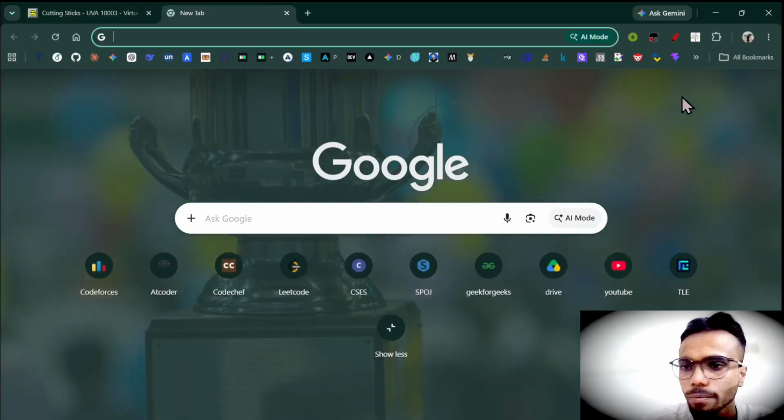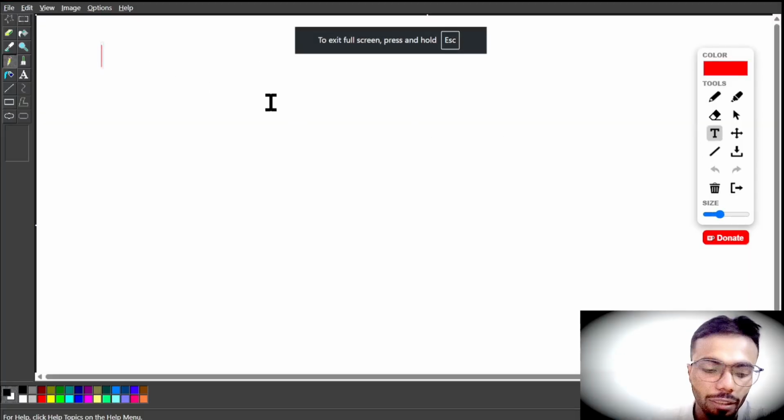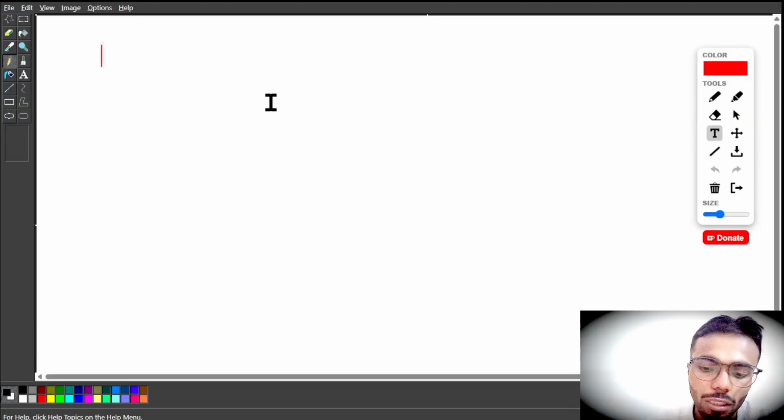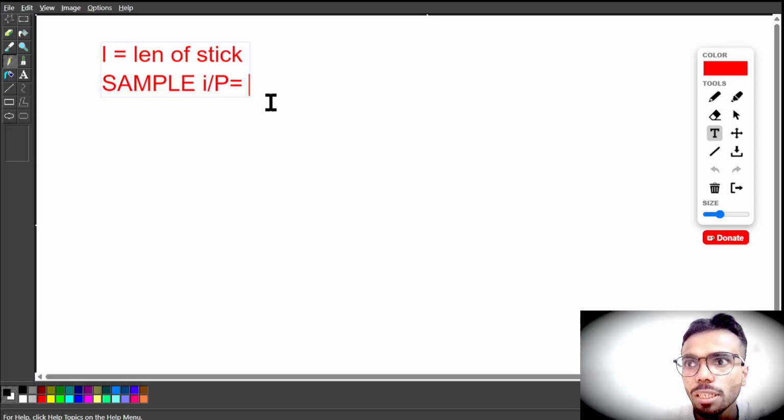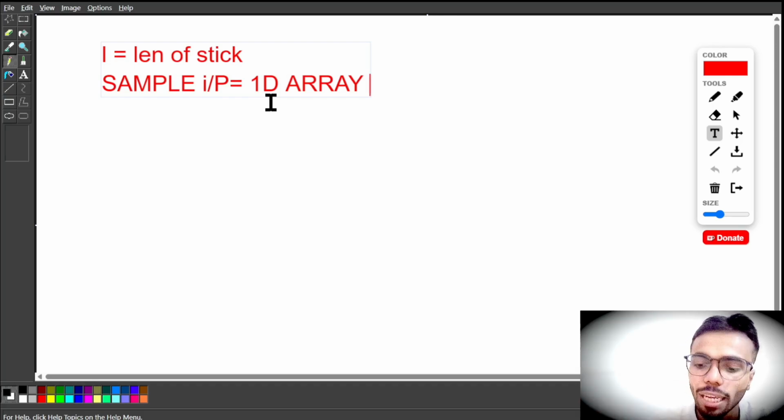Okay, so what are we given here, right? We are given the length of the stick. L is the length of the stick, and we are given the coordinates. In general, the length of the stick is usually known. So the sample input is a 1D array representing the coordinates at which the cuts would be made, right?